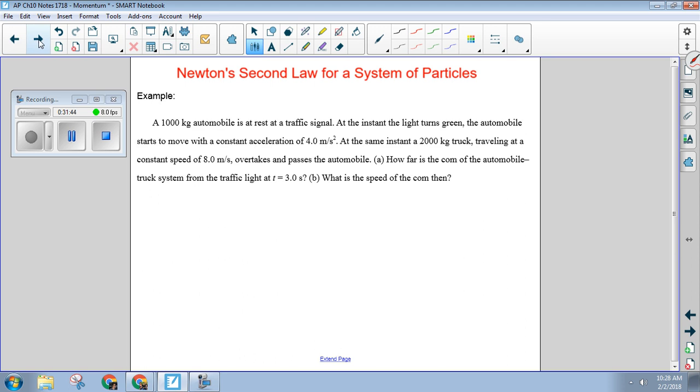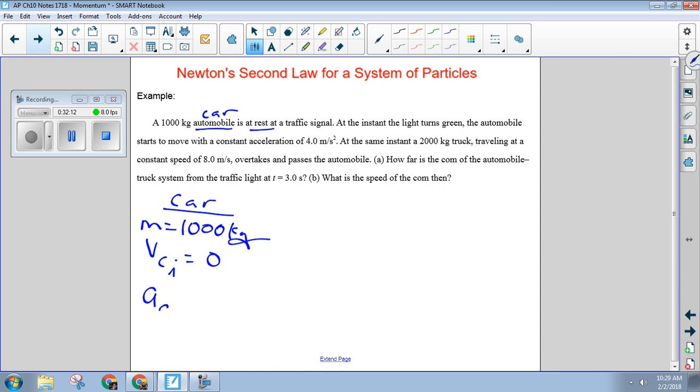We've got an automobile, which I'm going to call a car. You guys okay with that? This car, here are the things I know about the car. It has a mass of 1,000 kilograms. It is at rest, which means that the velocity of the car initially is 0. At the instant the light turns green, the automobile starts to move with a constant acceleration.